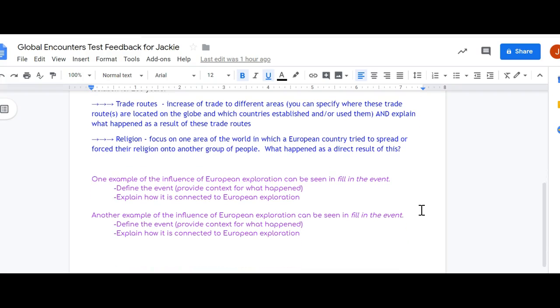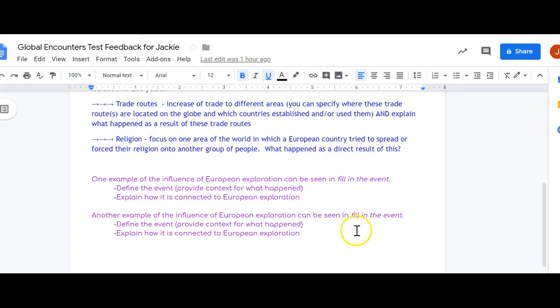So the purple here is a template. You can use this verbiage right here. One example of the influence of European exploration can be seen in, and so your first event might be, you might say, the establishment of trade routes.